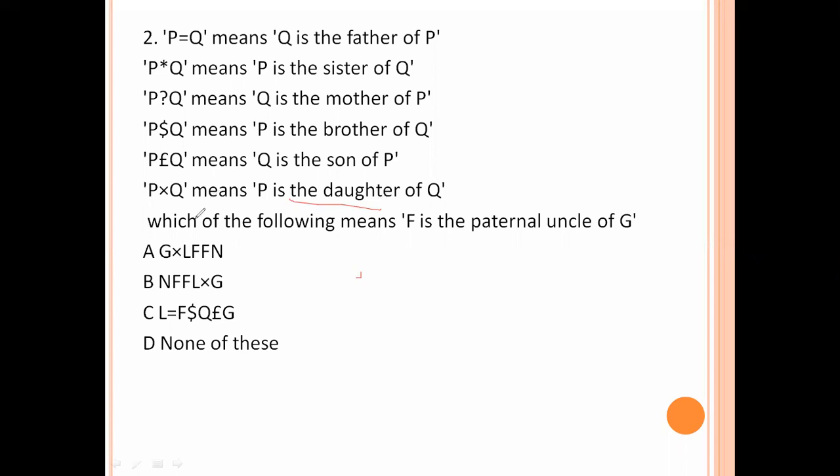Now check one by one. G into means here daughter.